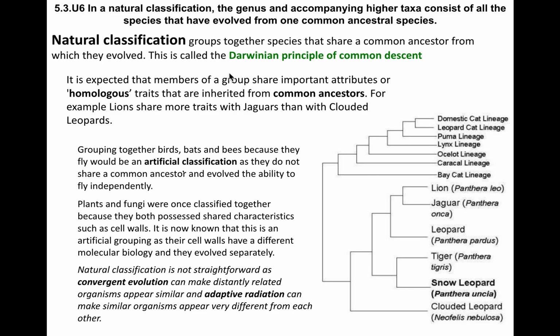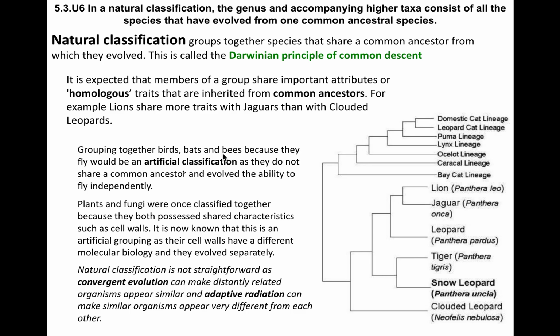So in natural classification, the genus and the accompanying higher taxa consist of all the species that have evolved from one common ancestral species. So this is a natural classification system, and it is expected that members of a group are going to share important attributes or homologous traits. These are traits that have the same structure, they might have different functions, but if they have bones in the same locations, we know that they must have similar DNA that was inherited from a common ancestor.